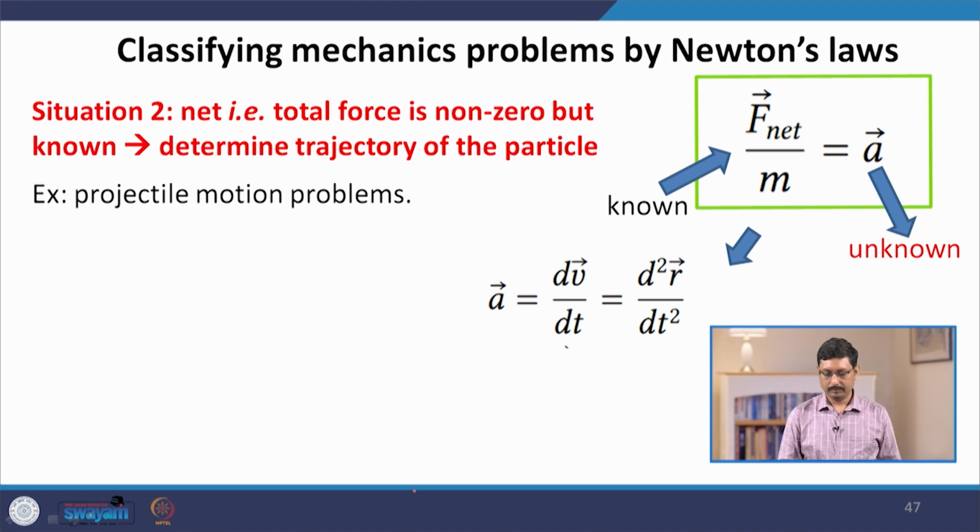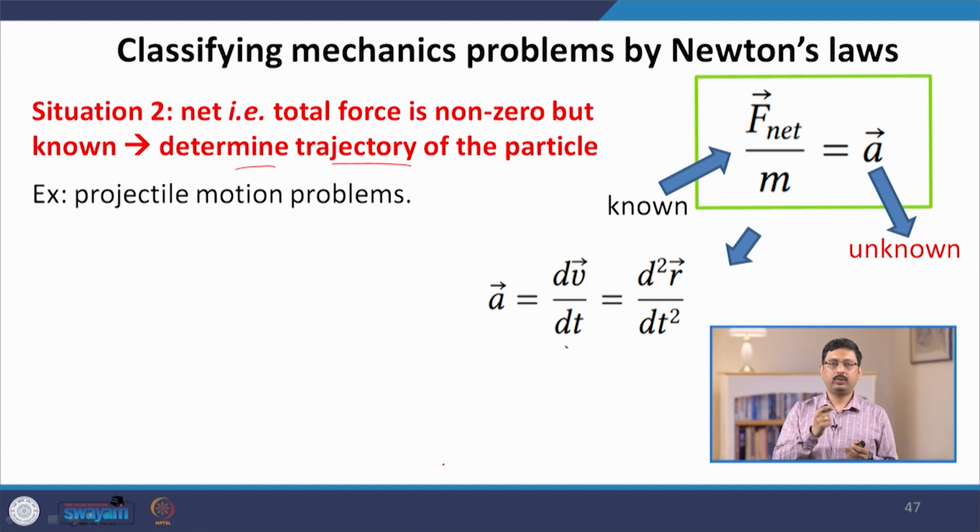Now, the second situation is a slightly more general version of this, where the total force is non-zero, but the total force is given. Let us say each force acting on the particle is given. In this case our goal is to determine or compute the trajectory of the particle: how is the particle moving? For example, consider projectile motion.